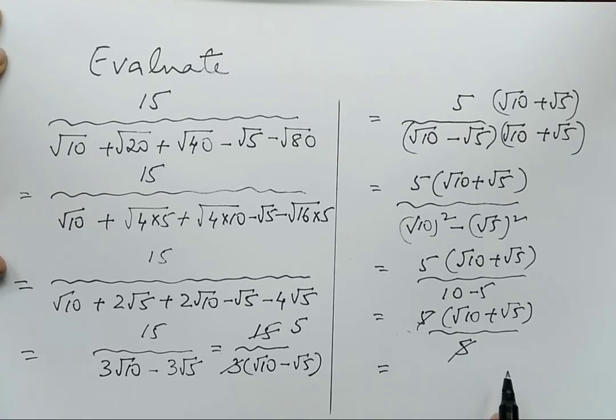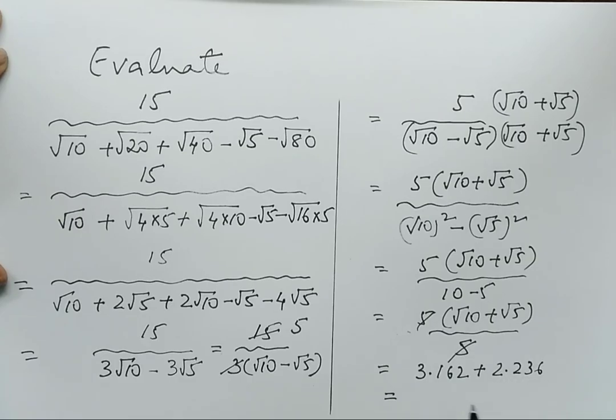The value of root 10 is 3.162, whereas the value of root 5 is 2.236. Having added this, we get 5.398. Alright kids, so here we go.